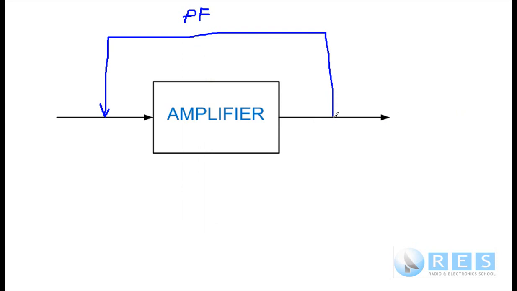The other type of feedback is negative feedback. Now, all amplifiers have either negative or positive feedback. Sometimes we want amplifiers to be amplifiers and they have too much positive feedback and they begin to oscillate. So in order to negate the positive feedback and prevent the amplifier from oscillating, we can deliberately introduce into the amplifier negative feedback.